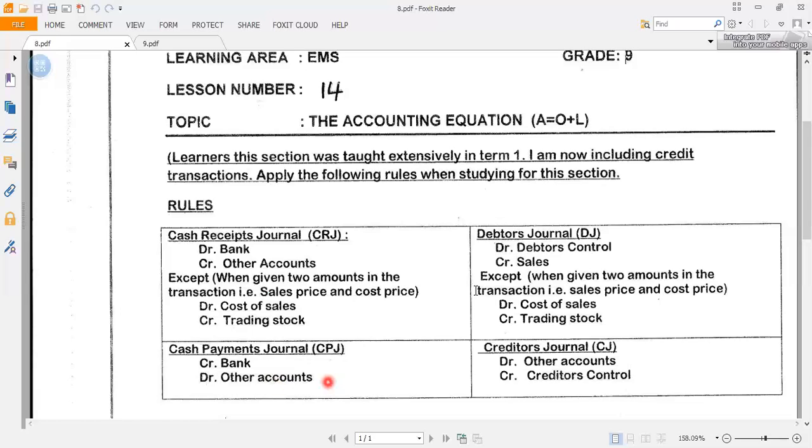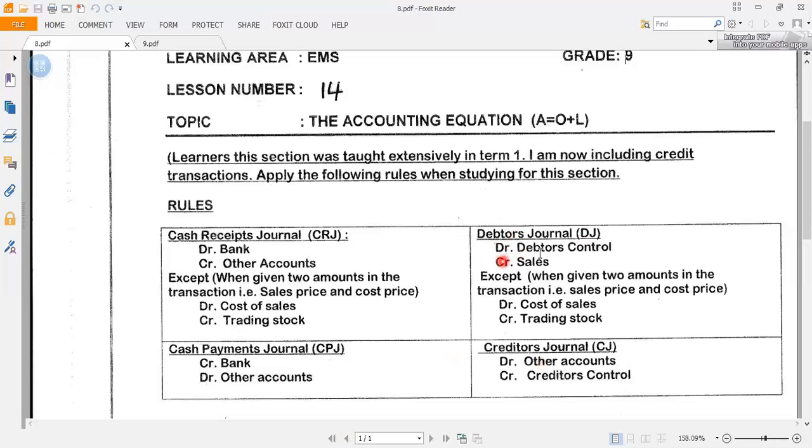Okay, so learners, we work very closely with the CRJ and the debtors journal. In fact, the CRJ and debtors journal go hand in hand, and the cash payments journal and creditors journal go hand in hand. Because here we are dealing with creditors, here we are dealing with debtors. Can you see debtors journal, the DJ?